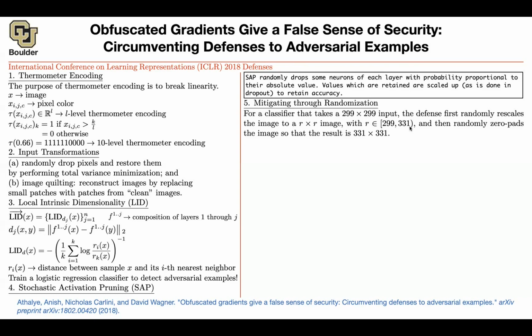You just randomly rescale it. Now your image is going to be either too big or too small. If it ends up being smaller than 331 by 331, you're just going to zero pad it so that it has this size. And that's just randomizing your input.